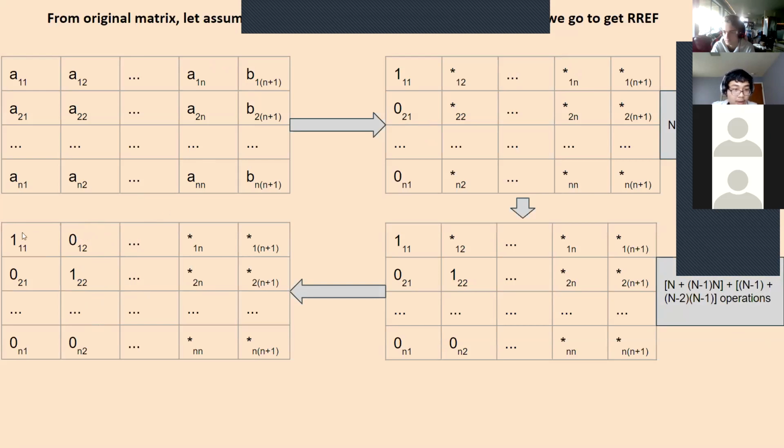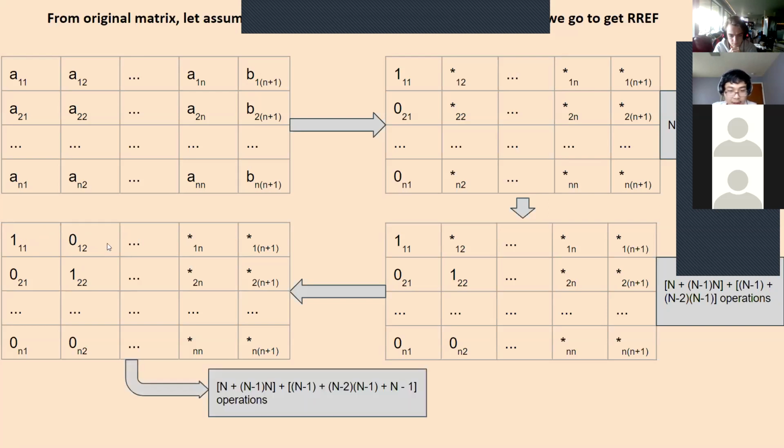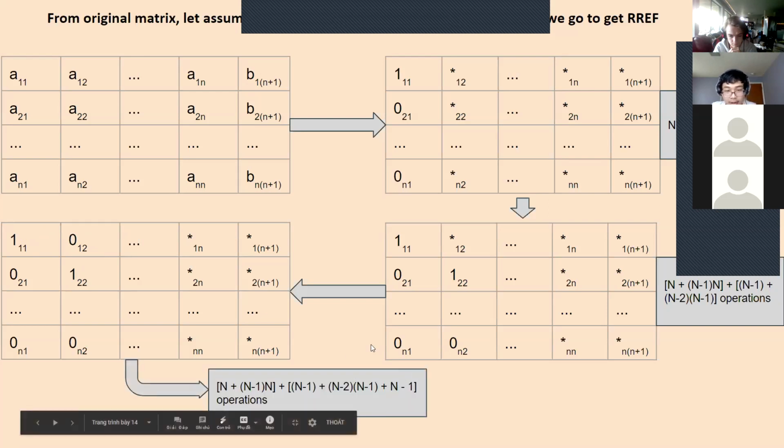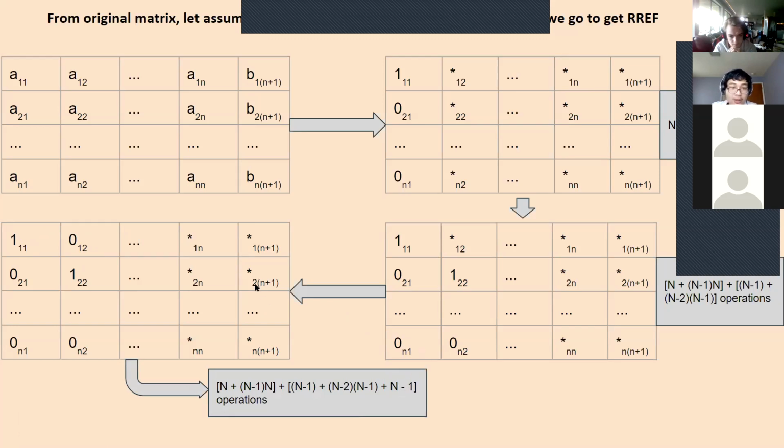To get the first leading one, we will need n operations in the first row. When we need zero here, that means we just subtract one operation from that, and this leads to n minus one more operations in this step compared to Gaussian elimination.